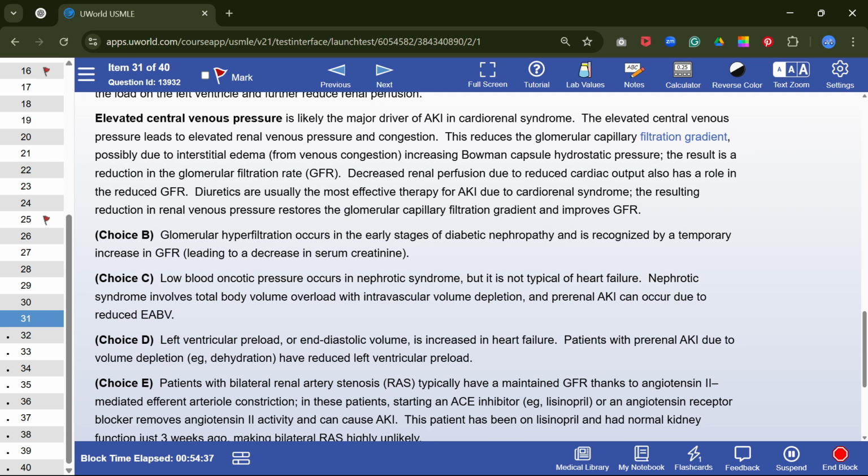What happens in nephrotic syndrome? Think about a boy with nephrotic syndrome. His tummy is swollen, his face is swollen, his foot is swollen, everything is swollen. But in the vessel, the intravascular volume is depleted.